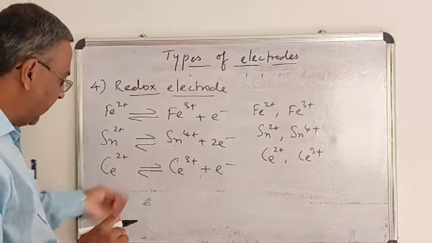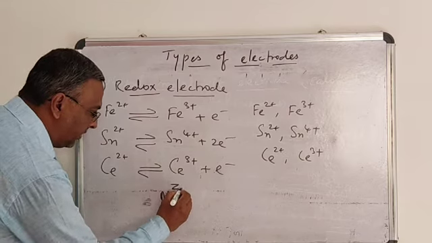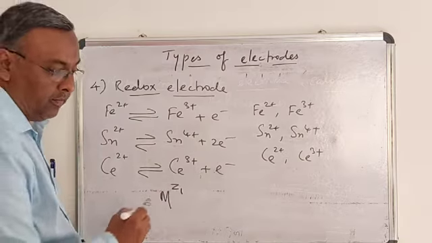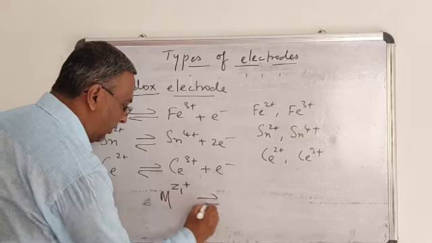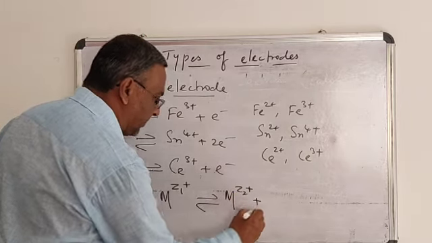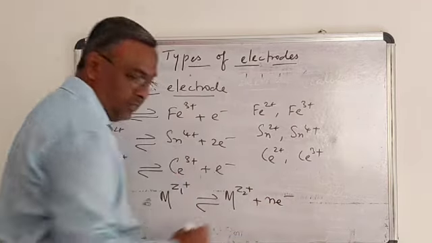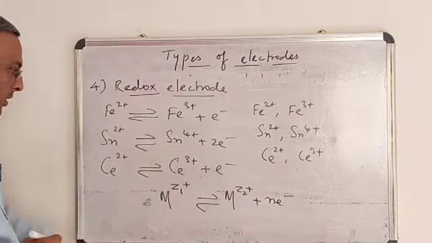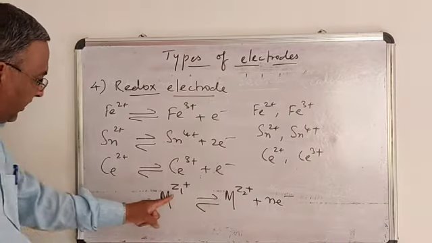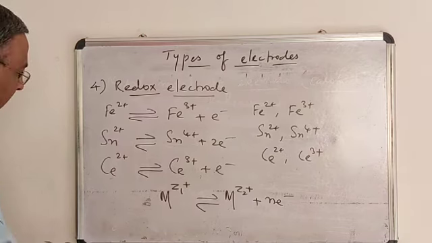Or in general, I can write Z1+ gives Z2+ plus n electrons. What are Z1 and Z2? The valency or oxidation state of the metal.